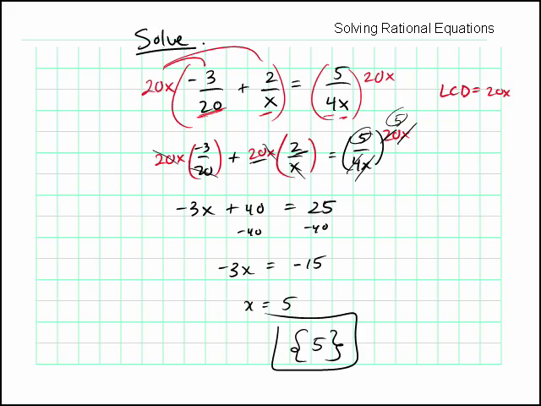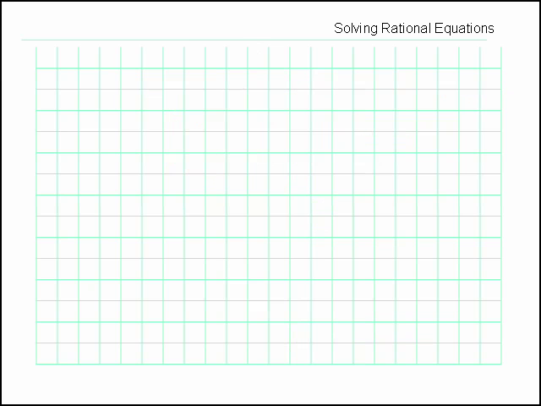Okay, next. Let's look at one that's a little bit bigger. 2 over x minus 3 minus 3 over x plus 3 equals 12 over x squared minus 9. Once again, we're going to multiply both sides by the LCD.